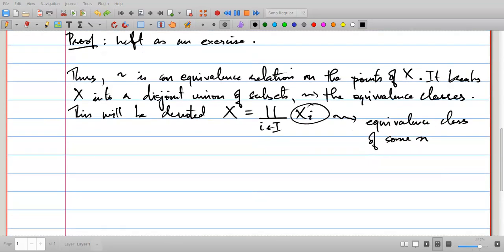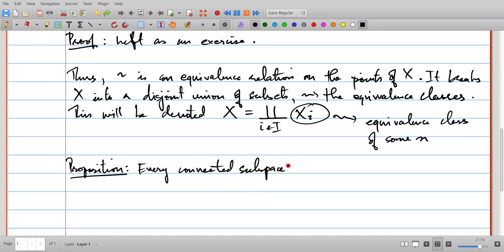Okay. So we have this proposition. Every connected subspace of X is contained in some equivalence class.